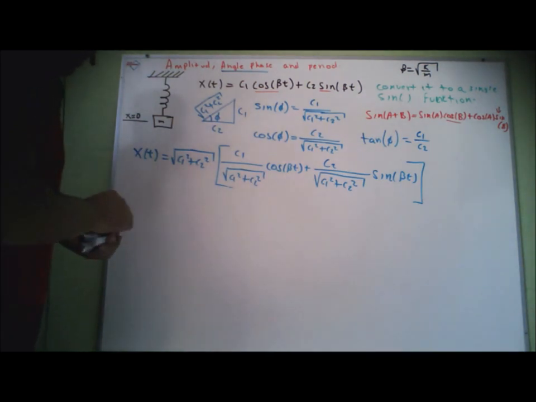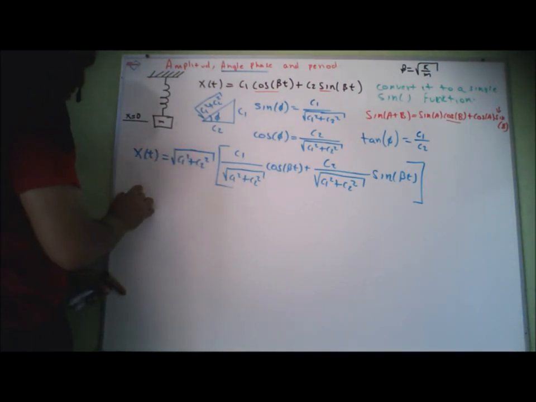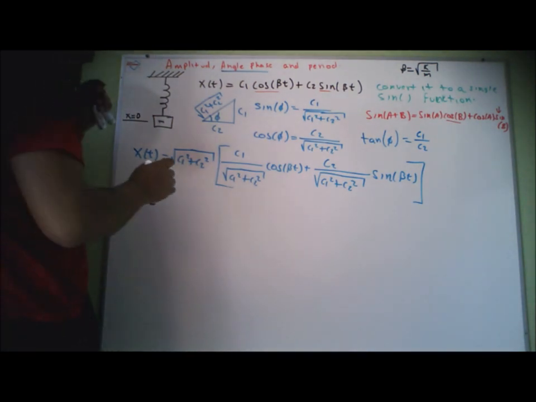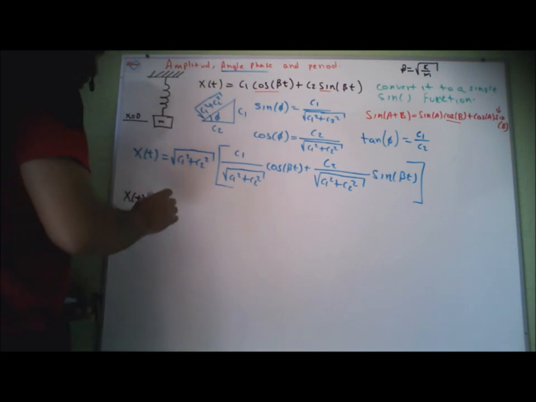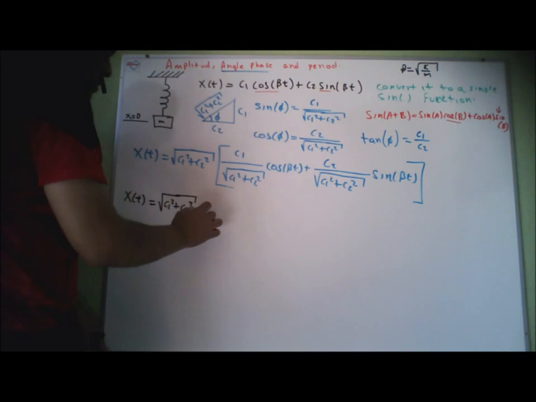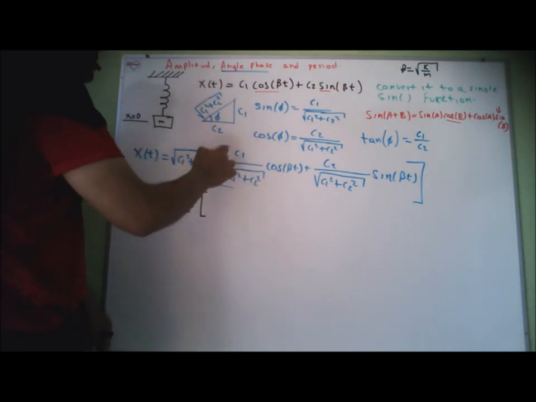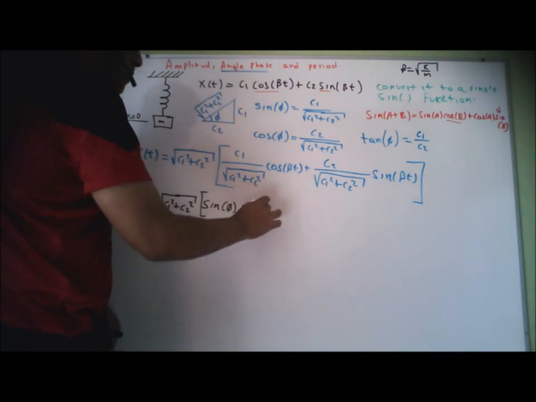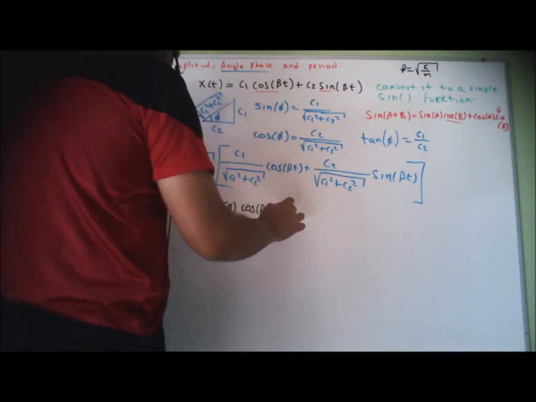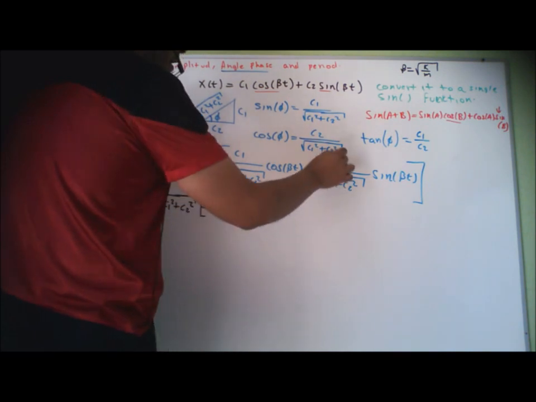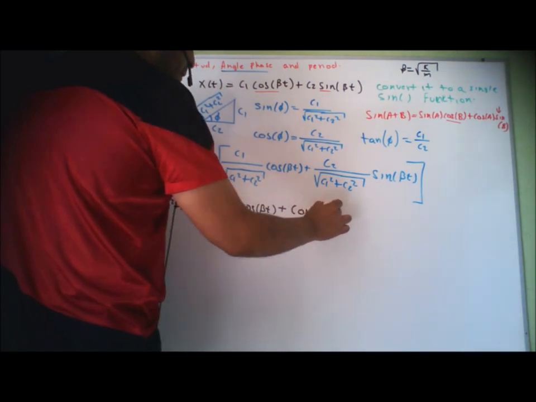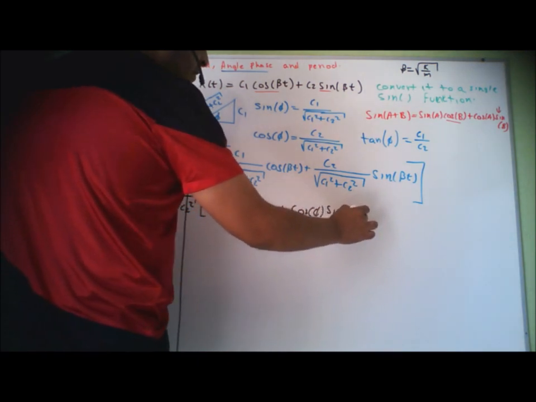So the solution is the square root of C1 squared plus C2 squared times, here I'm going to replace this by the sine of phi, cosine of beta t, plus here this one is going to become the cosine of phi, sine of beta t.